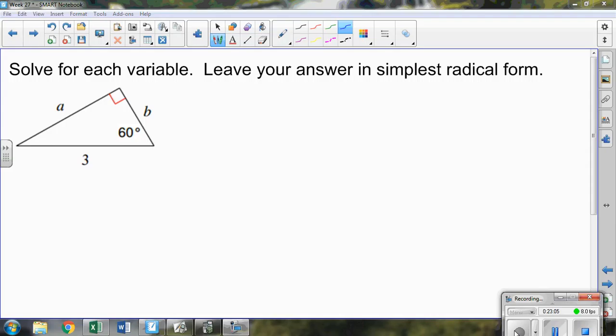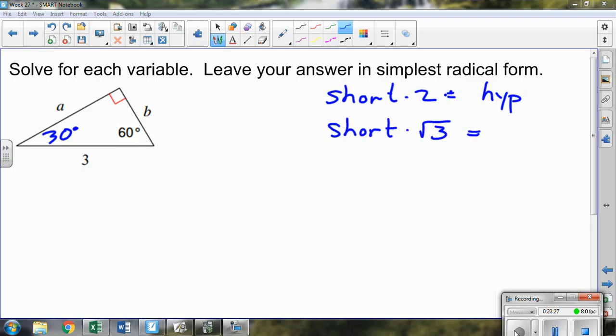So what type of triangle? 30, 60, 90, which tells us what equations? Short times 2 will equal the hypotenuse, and short times the square root of 3 will equal the long.